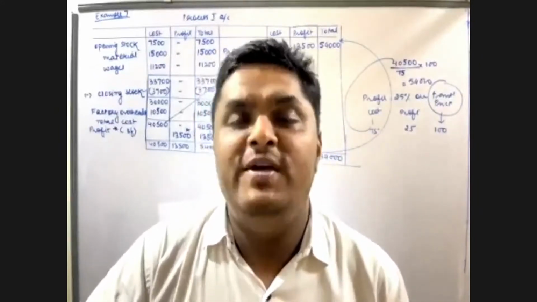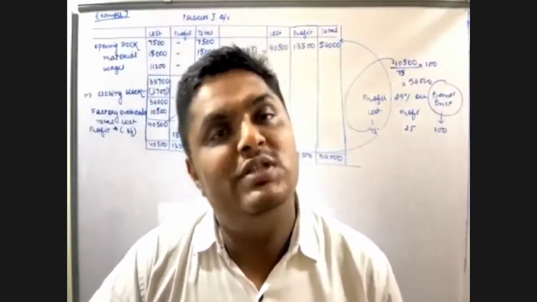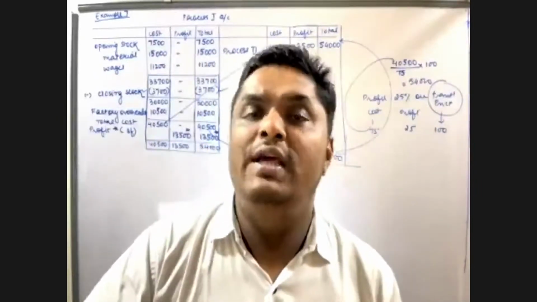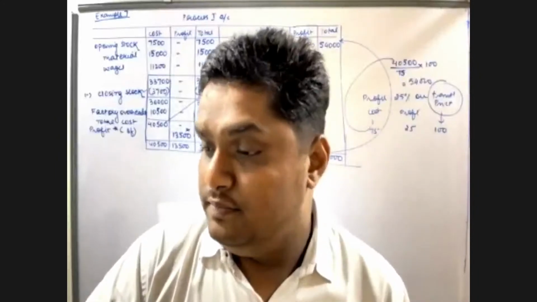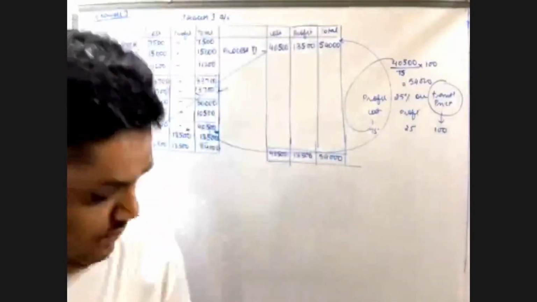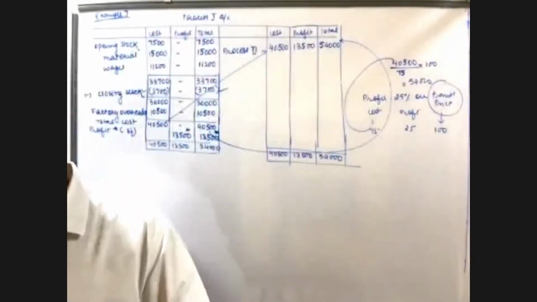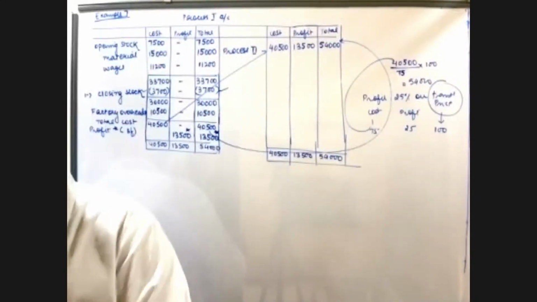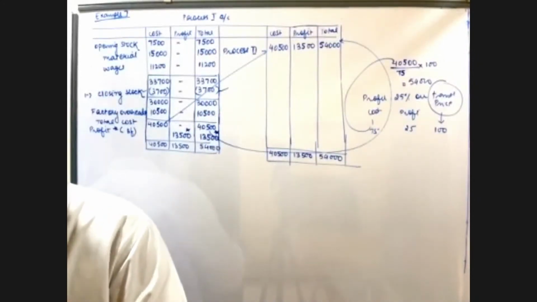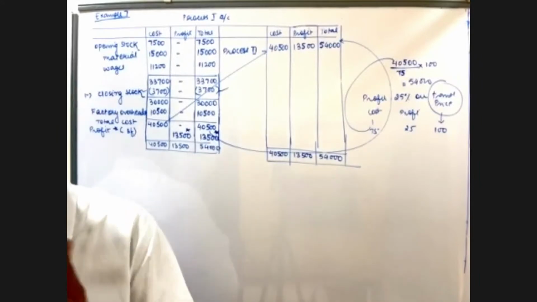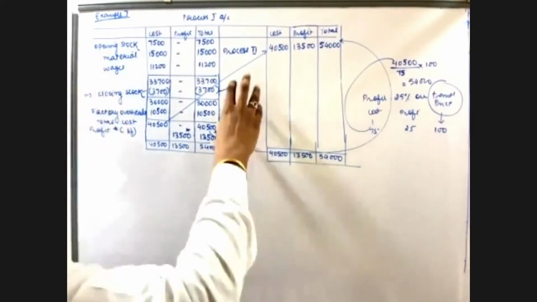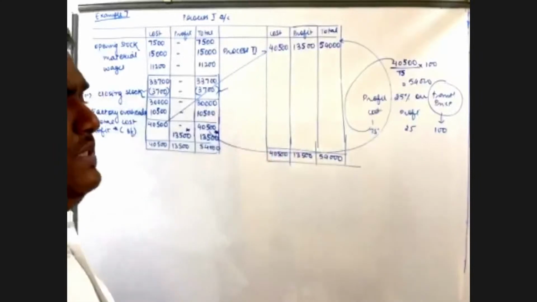And where no information is given regarding inter-process profit, we will prepare only units and amount. You can show closing stock on the credit side also. Both the approaches are correct.